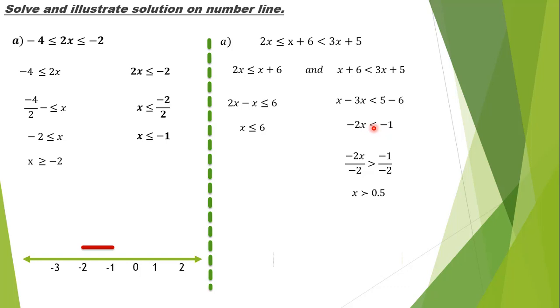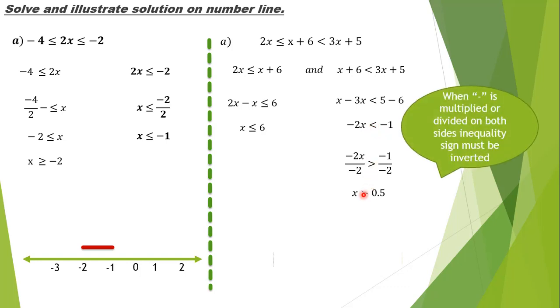So you have to reverse it and put this sign as greater than. Just remember this simple rule: when a negative is multiplied or divided on both sides of an inequality, the sign must be inverted. That is, less than must become greater than. If it would have been the greater than sign, it should have been converted into the less than sign.